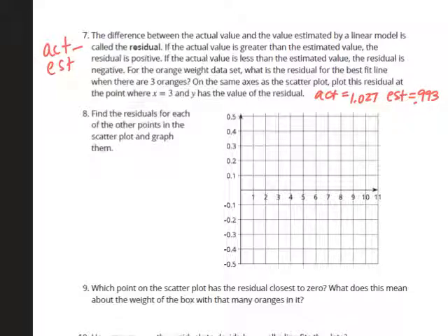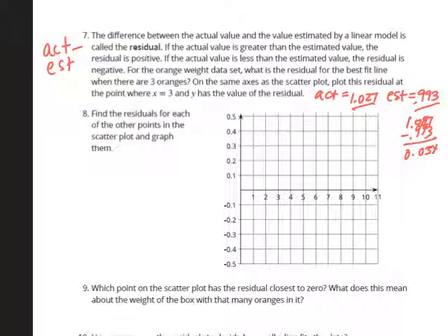In 3 oranges, the actual was 1.027 kilograms, and the estimate using the model was 0.993 kilograms. If we subtract them, we end up with our residual of 0.034. That is the difference between the two. It's a very small number.